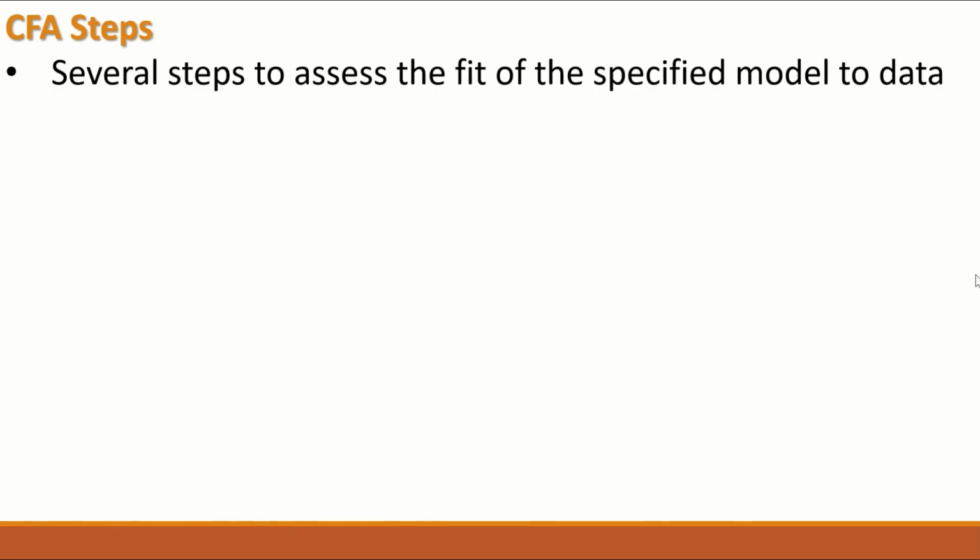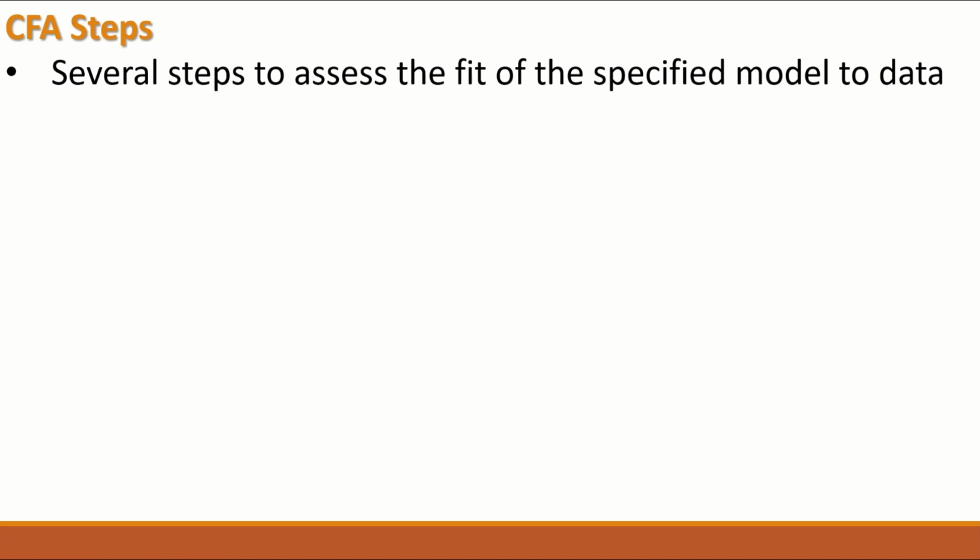So to perform the CFA, several steps have to be followed. The steps are to assess the fit of the specified model to data. So we've already had a model which is generated from a previous analysis.